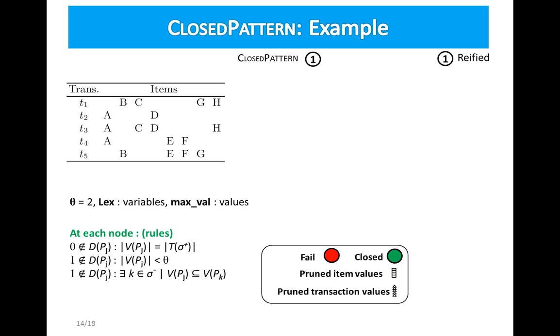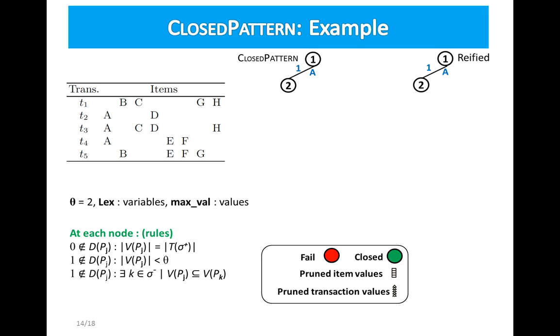It is important to know that the search tree explored by the global constraint is defined only on item variables, whereas the ReFIT model has the further dimension of transaction variables. To start, at the root node we have no pruning, since there exist no items that are full extensions of the empty set. It means that there exist no items that are present in all transactions, and all items are frequent.